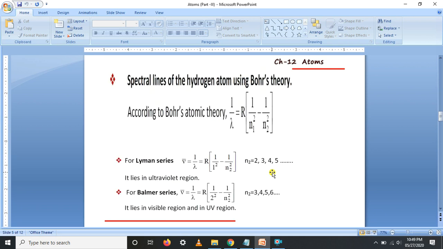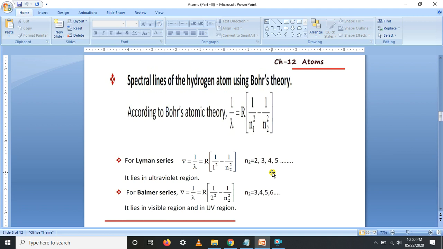Then the next one, the spectral lines of hydrogen atom using Bohr's theory. In the last video we derived this equation according to Bohr's atomic theory: 1 by lambda is equal to R into (1 divided by N1 square minus 1 divided by N2 square).